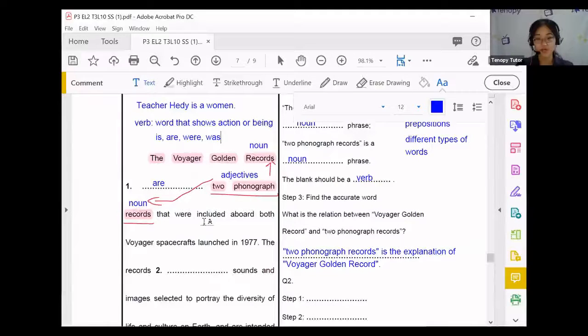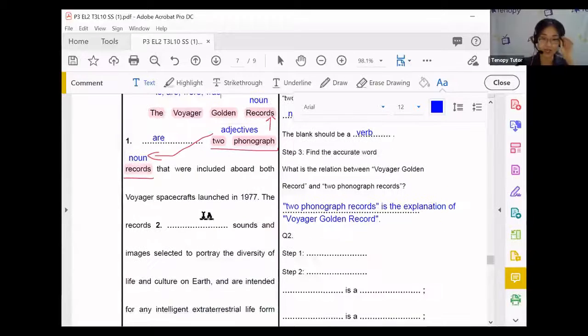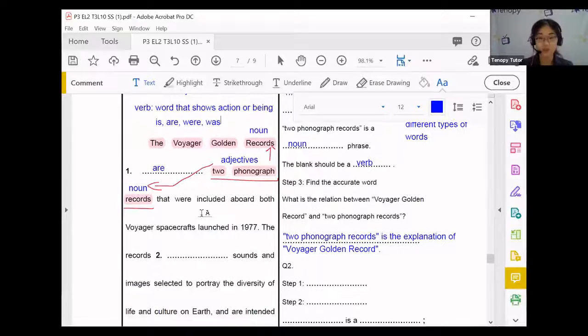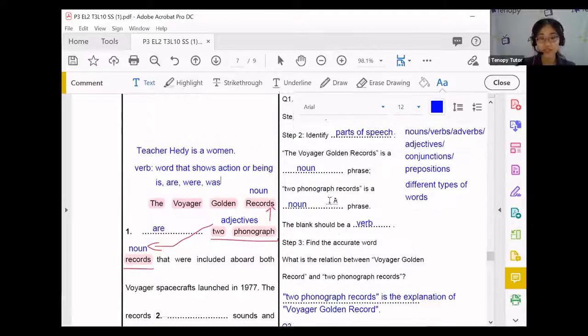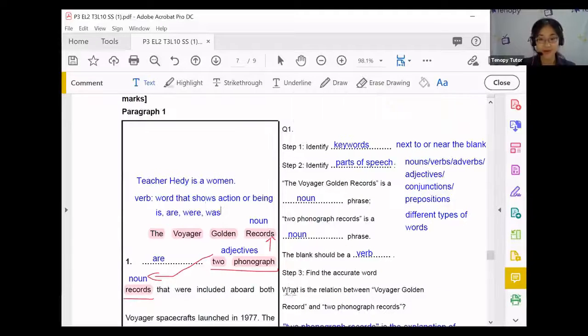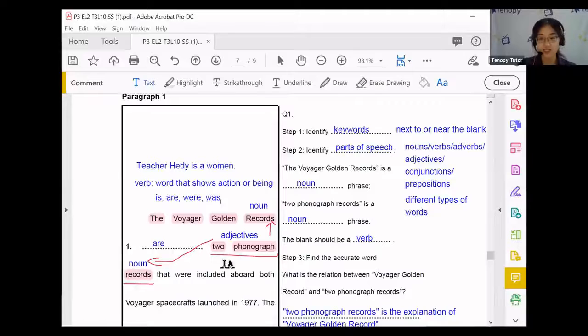These types of closed questions are hard, but we will be able to tackle most of it if we follow the steps. Once again, let's recap the steps. The first thing you do when you see a closed blank is to read the sentence, to get a brief idea of what the sentence is trying to tell you. Second, highlight the keywords around the blank.